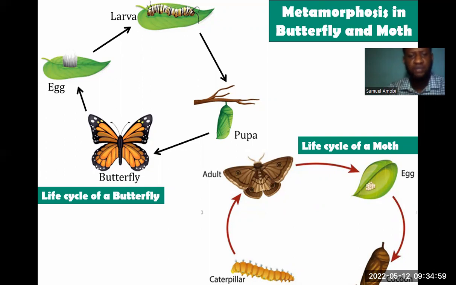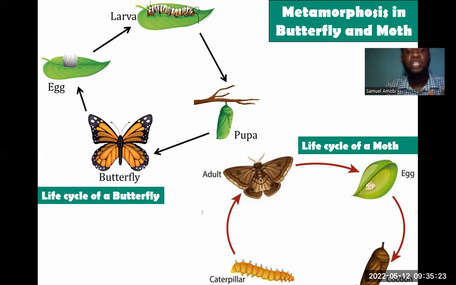Look at the shape of their wings. Butterfly, the wings are spread out, while the moth has a feather-like wing. Okay, so these are the few simple differences. Also, moths operate at night. I think there's something about their nocturnal nature also. So that's the difference between the two.